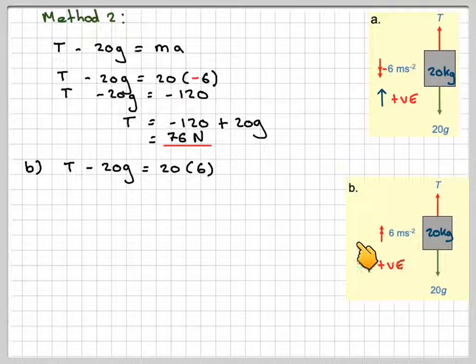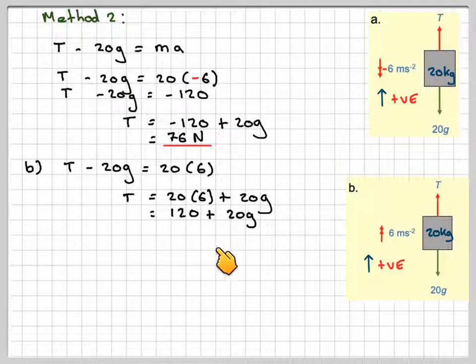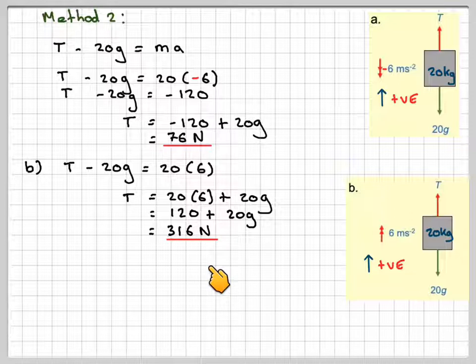And we say plus 6 because it's acting upwards. And then we're going to get T is equal to 20 times 6 plus 20g. So that's going to be equal to 120 plus 20g, which is going to be equal to 316 newtons.